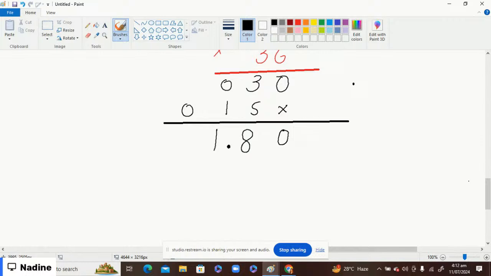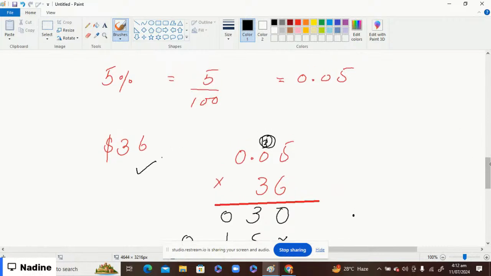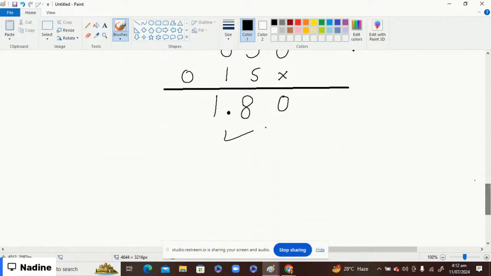Now we are going to find the total cost including tax. So what is the total cost? Total cost is this one added to this one. So we add 36 with 1.80.